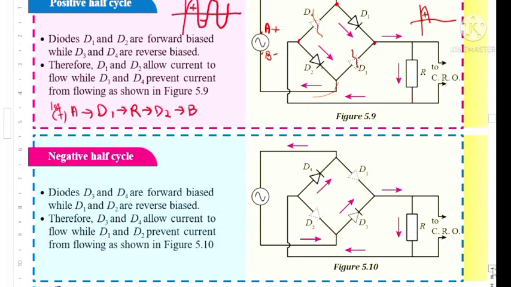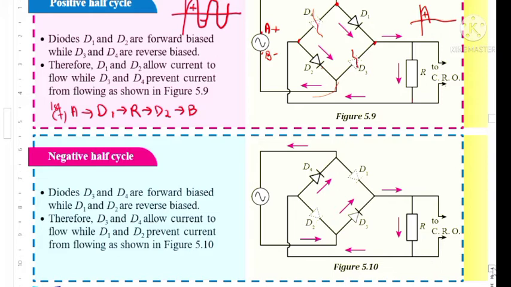Let's look at the negative half cycle, the negative part. This one. Okay, so for negative part, terminal A, terminal B. Now current is flowing from B to A, meaning now B is positive, A is negative. So the current is flowing from B, go to here.